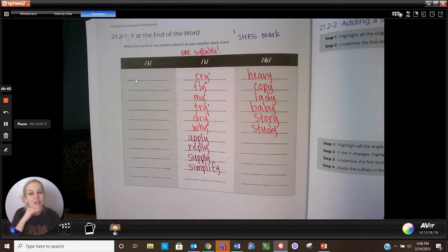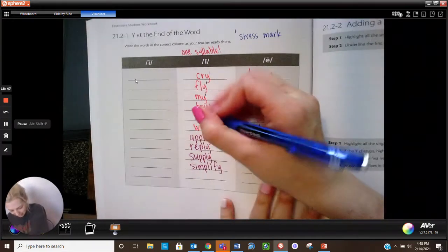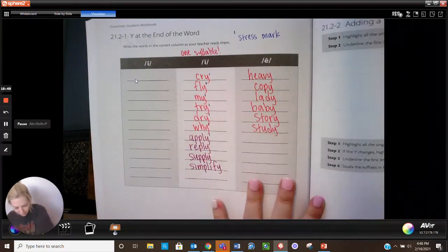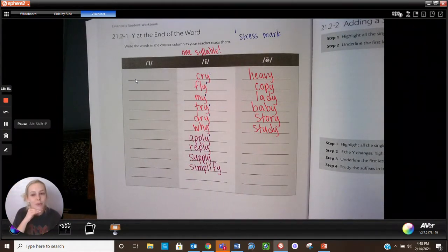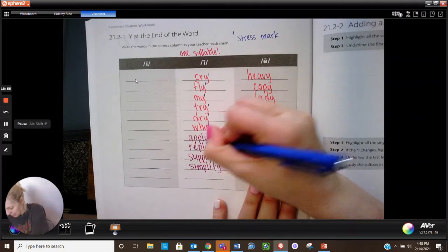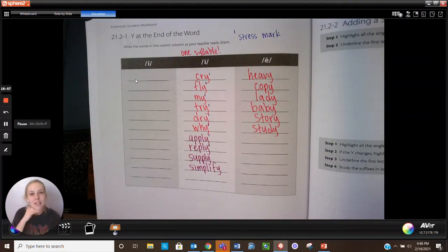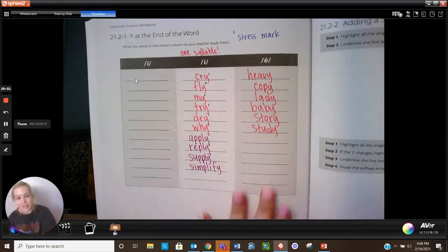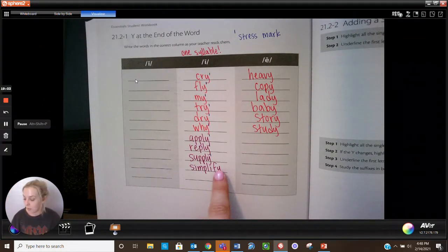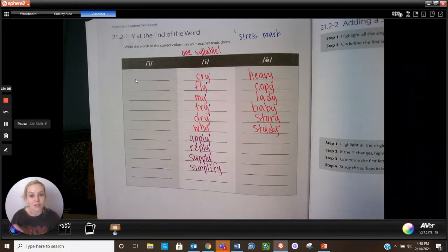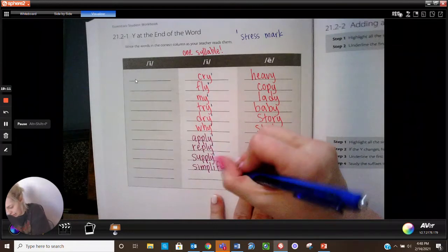Here's the fun ones. Apply. Reply. Supply. So we can really see that Y is the stressed vowel in these words. Simplify. Again, super stressed there.